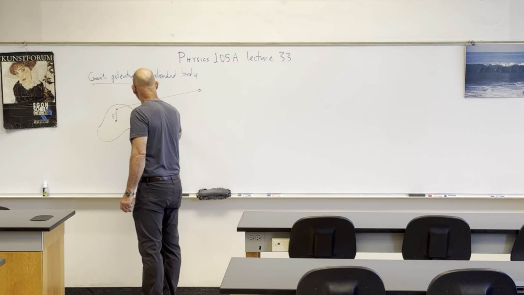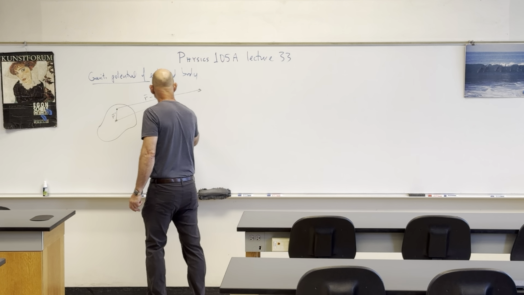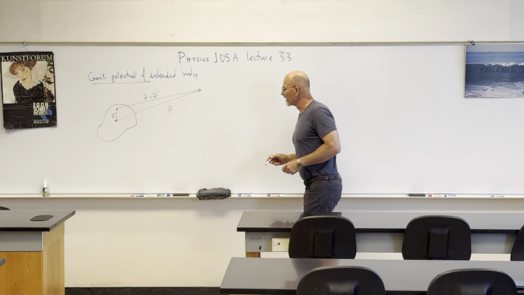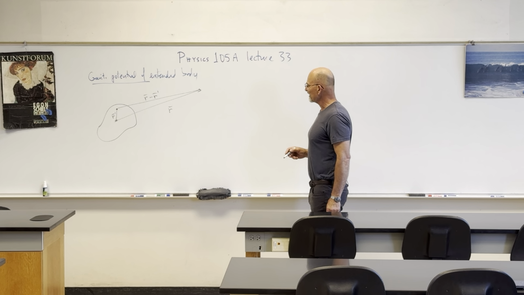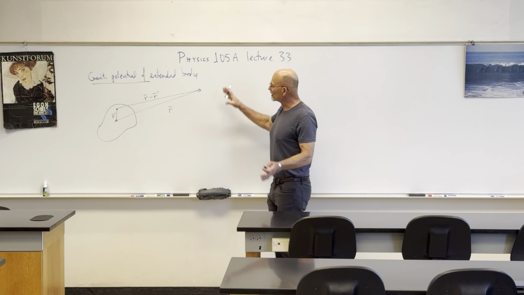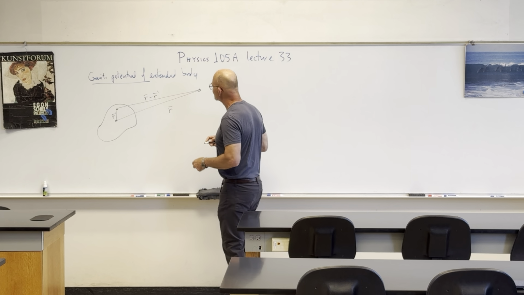So this vector here is R minus R prime, whereas this one is the R measured from the origin. If we're far enough away from this thing, it looks like a point anyway. But as we get closer to it, we start to see that it's not just a point.